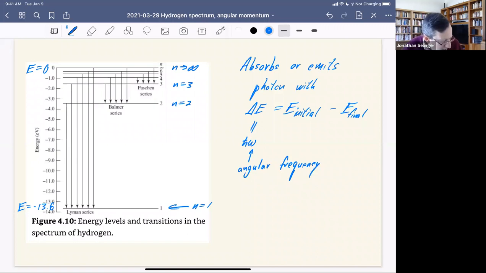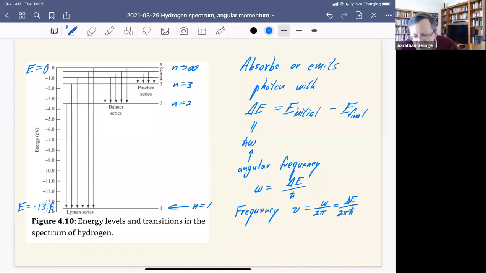And so the omega is the delta energy divided by h bar, or the frequency nu, that is omega over 2 pi. So we could say that's delta E over 2 pi h bar. Or we could go back to the original Planck's constant and say this is delta E over h.